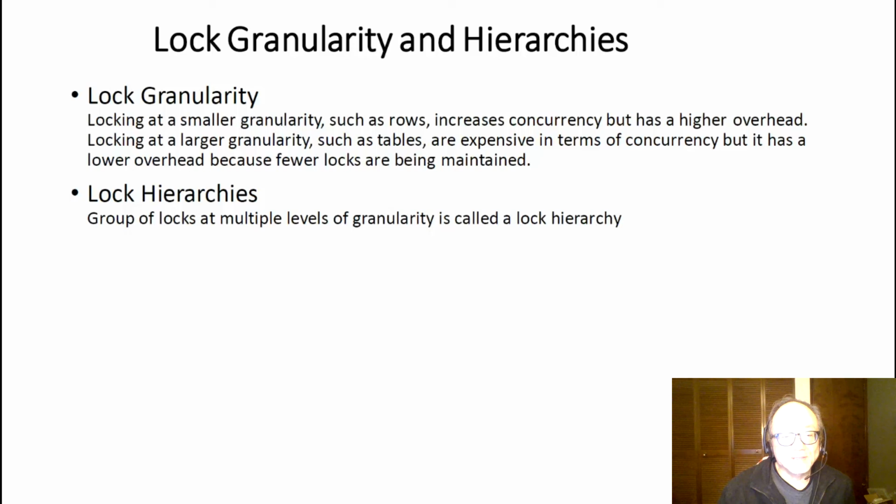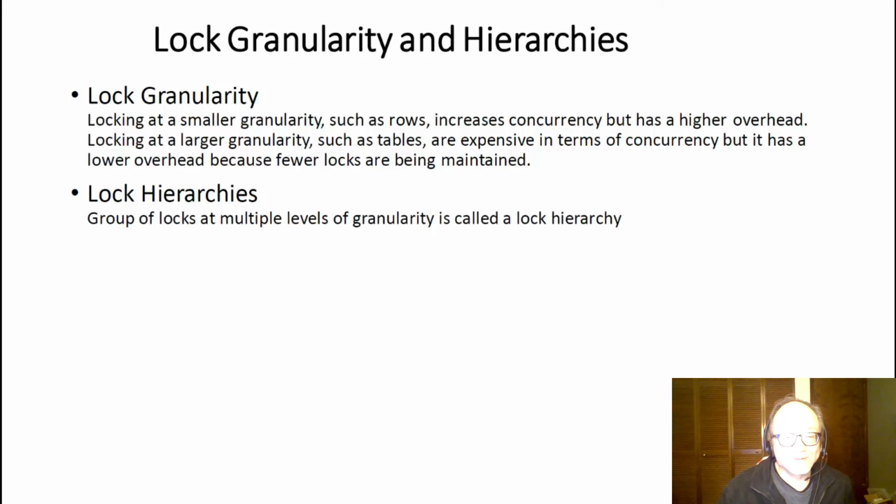The database engine can implement locking at different levels of granularity. Locking at a smaller granularity, such as rows, will increase concurrency, but it has a higher overhead on maintaining the locks.